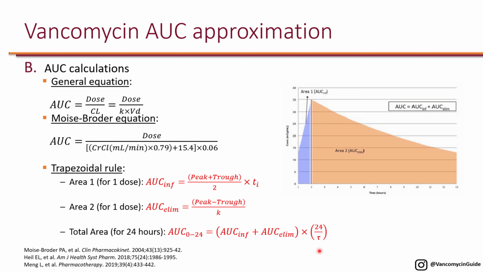For example, if your tau is 8, because you're giving the dose every 8 hours, 24 divided by 8 would be 3. So you multiply this AUC by 3, and that will give you the AUC for a 24-hour period. On the other hand, if you're dosing it every 24 hours, your tau is 24, so this basically gets canceled out. So these two areas will give you the AUC.